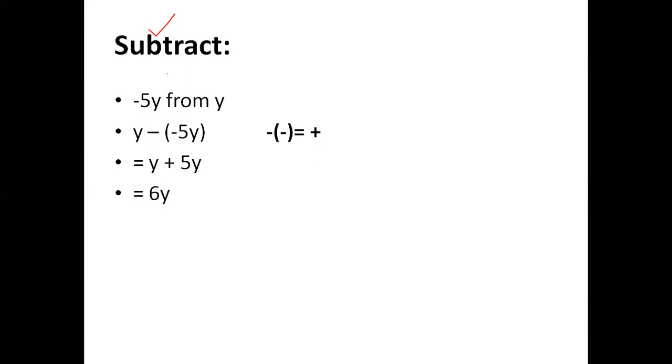Again, I will tell you students, please read the question carefully. We are told from y, so y has to come first, and minus 5y will come later. And again you need to know that minus into minus will give me plus. This is very important.